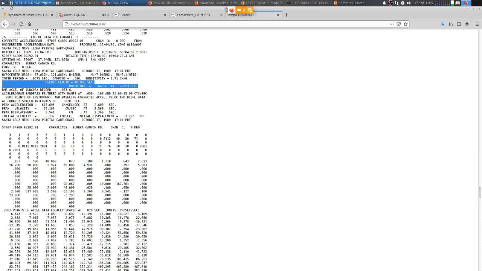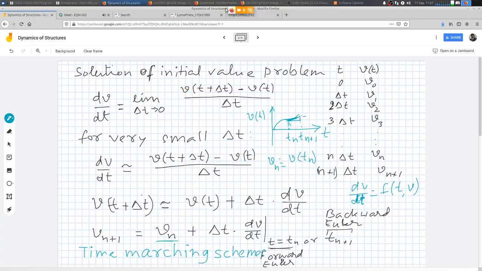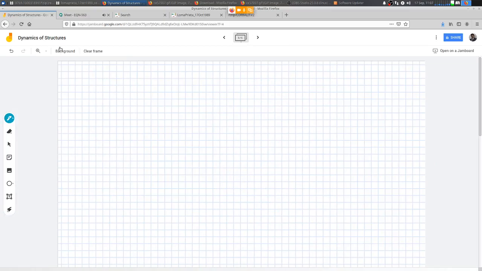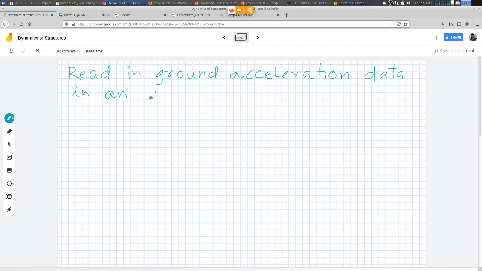Okay, it is not able to write here. So you will read in the ground acceleration data in an array, right?